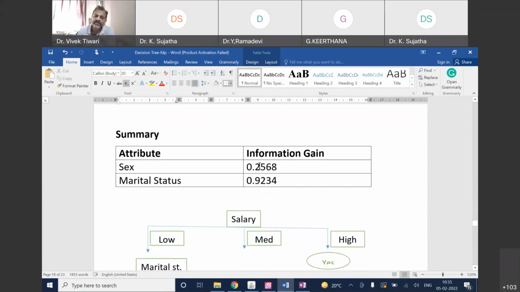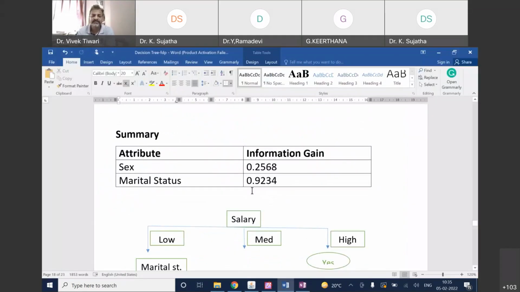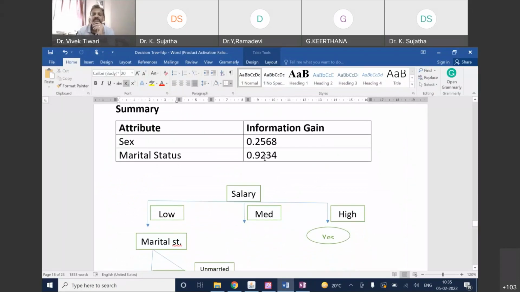This is the information gain under the low, and the information gain of both possible candidates is here. Which attribute will you select? It is damn clear: marital status or gender? I think marital status. Everybody agrees.